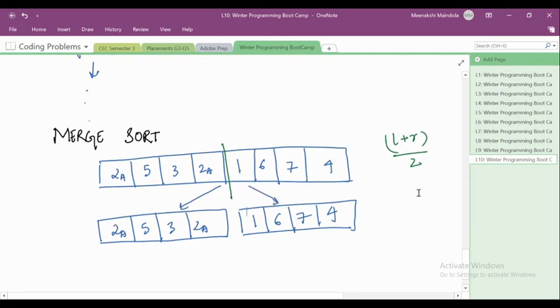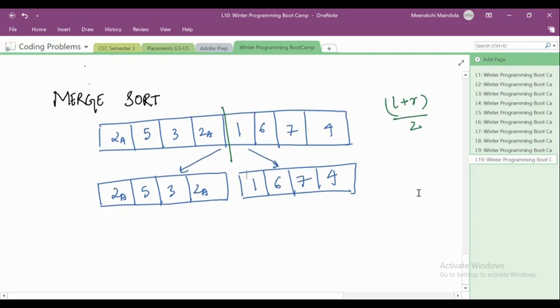Now since we are following the divide and conquer approach, further you are going to divide this array as well. So the first thing that is done here is you divide this array into two half subarrays. Similarly, you make recursive calls and keep on doing that.